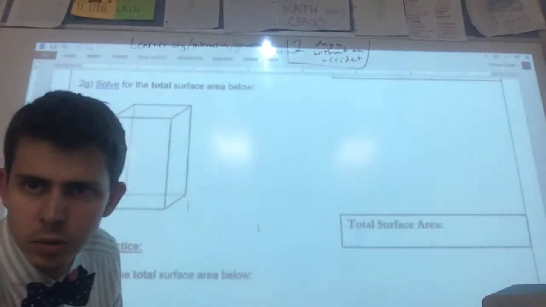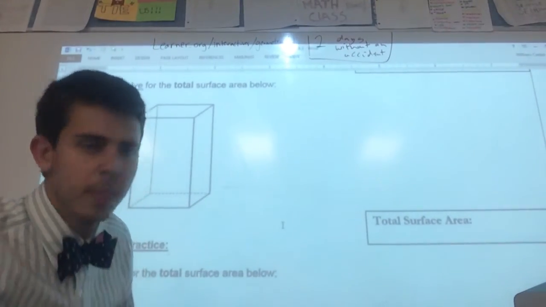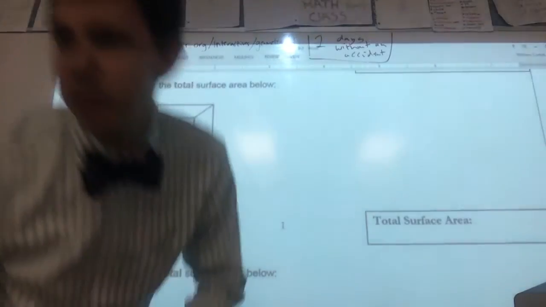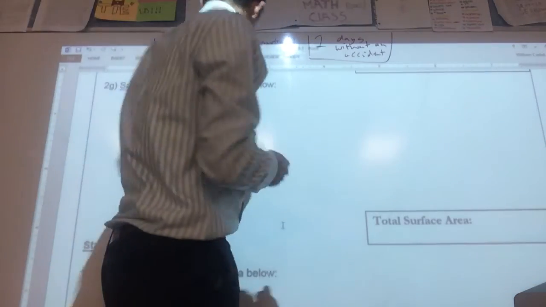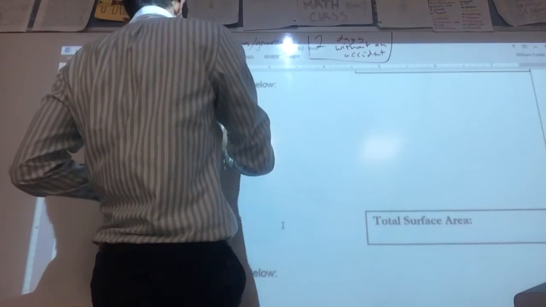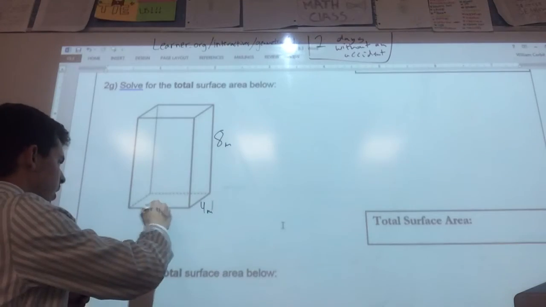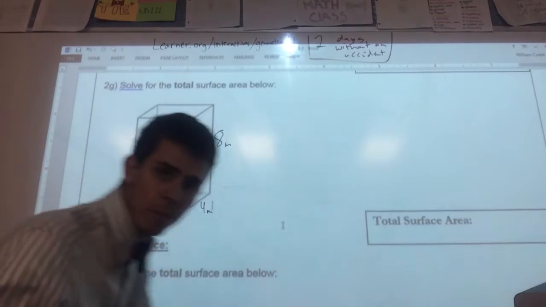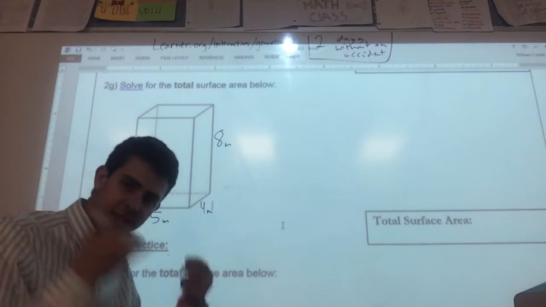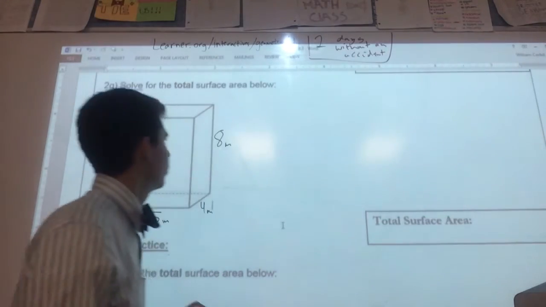Okay, total surface area. It gives us 8 meters, 4 meters, and 5 meters. So I'm going to model it the same way, staying organized in this problem-solving process.